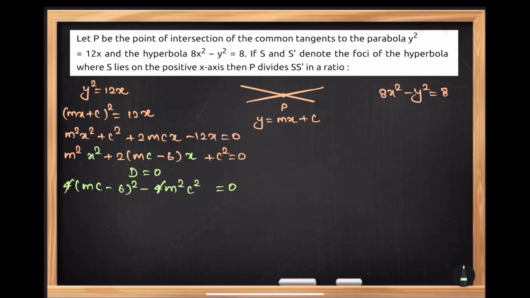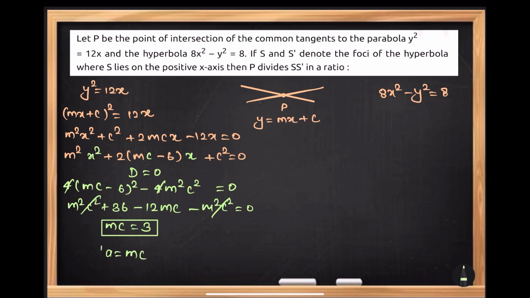So this thing is done, a square plus b square minus 2ab, this thing gone, this thing gone. So we are left with mc equals 3. If you try to recall the condition for tangency in a standard parabola, it was a equals mc.